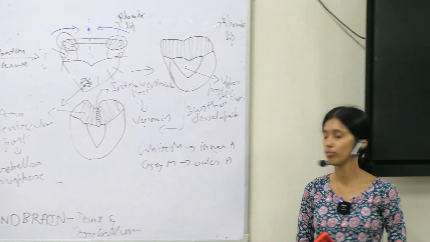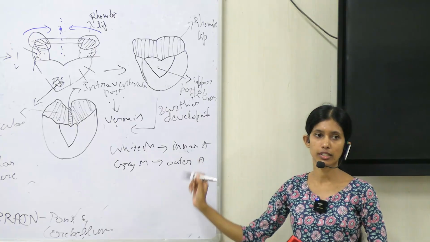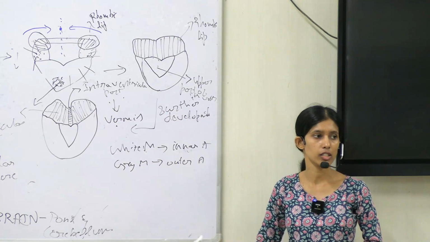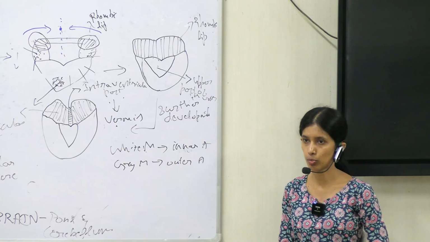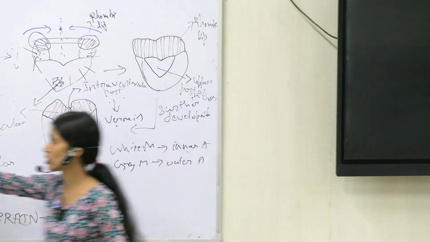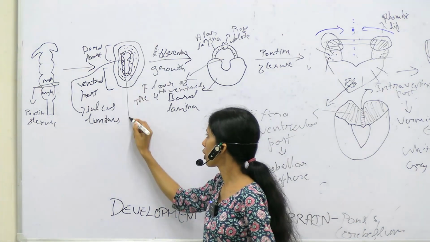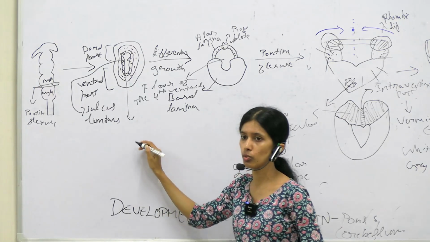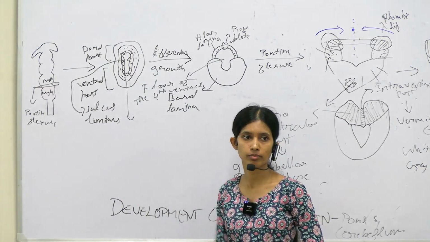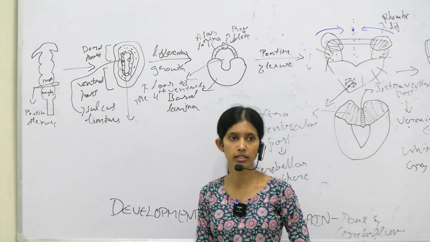In your cerebellum, white matter is present in the inner aspect and grey matter is present in the outer aspect. But if you see this structure where we have discussed the cell layers, your mantle zone will give rise to which matter? White matter or grey matter?